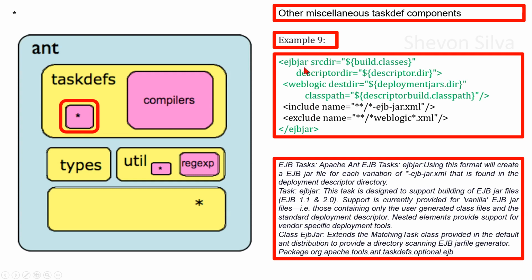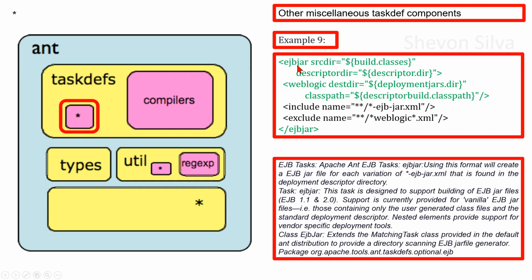For each descriptor found, EJB jar will parse the deployment descriptor to determine the necessary class files which implement the bean. These files are assembled along with the deployment descriptor into a well-formed EJB jar file.